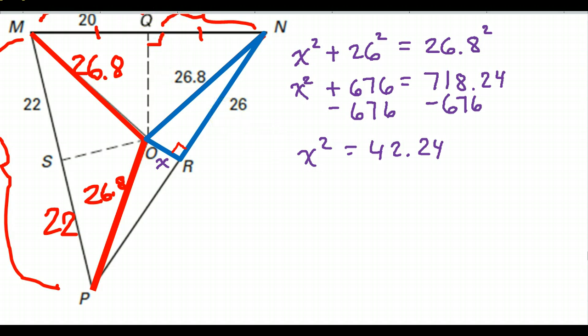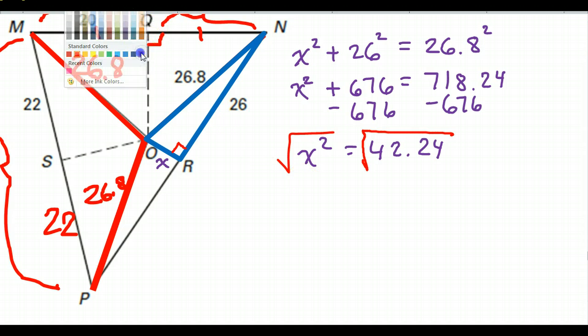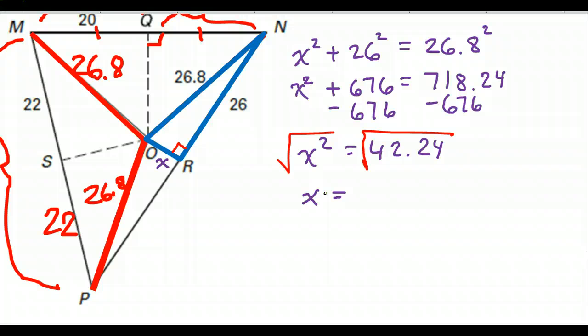Now it's time to take the square root of both sides. So that's going to give me x equals 6.499.